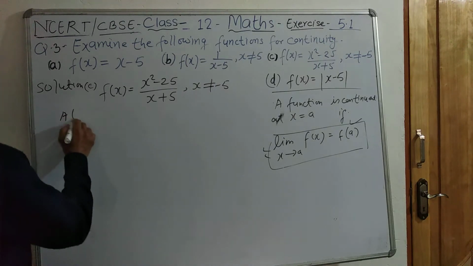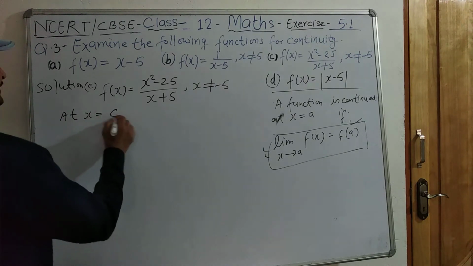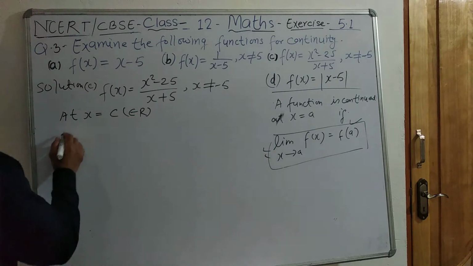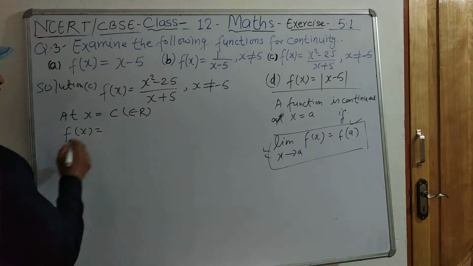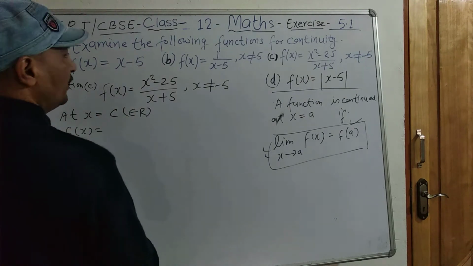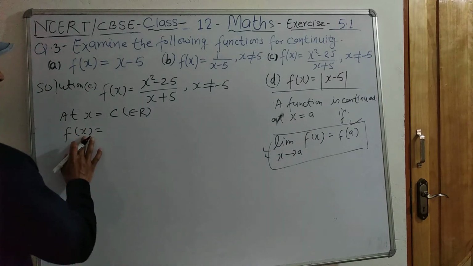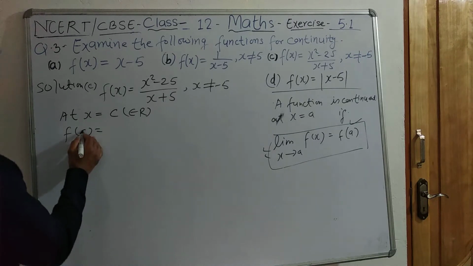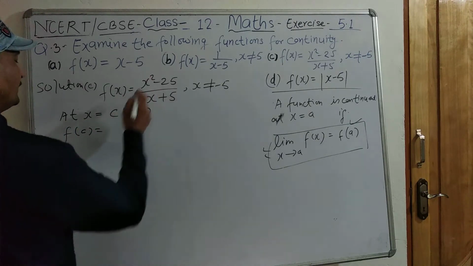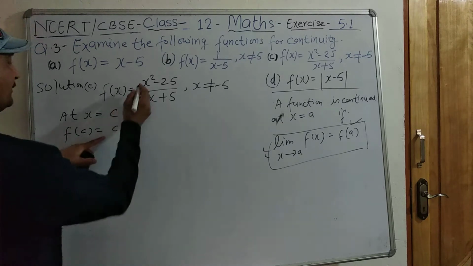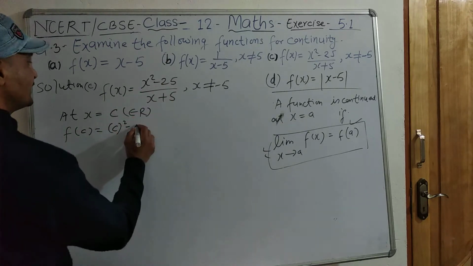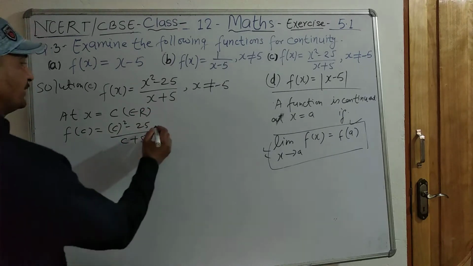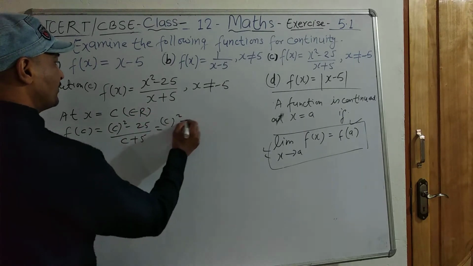There is no given point, so we take c, which belongs to the real numbers. First we solve f(c), which is equal to c square minus 25 by c plus 5, and it may be written as c square minus 5 square.